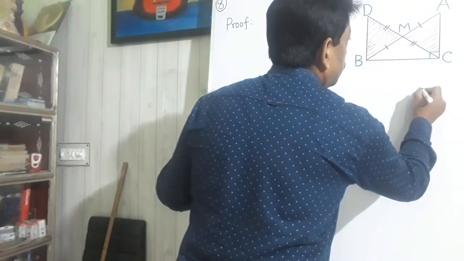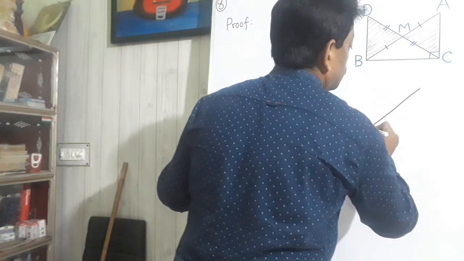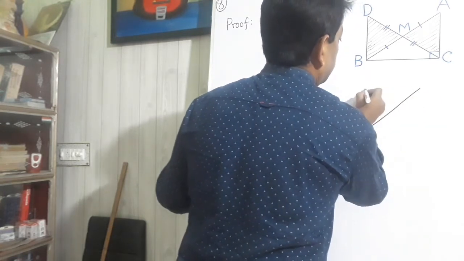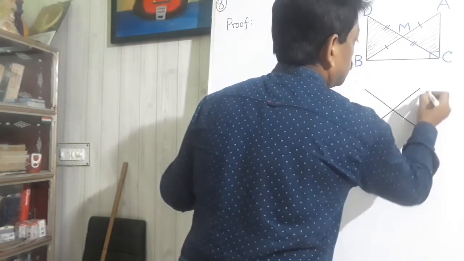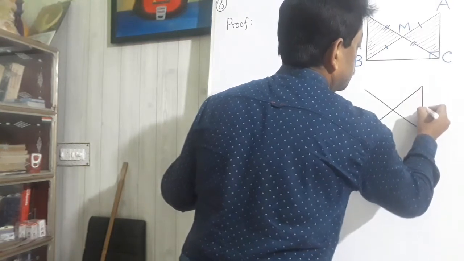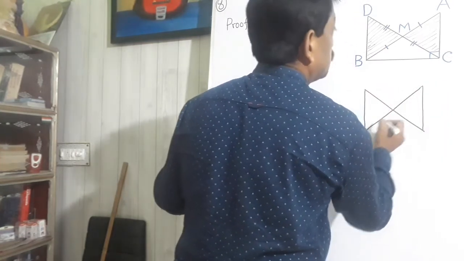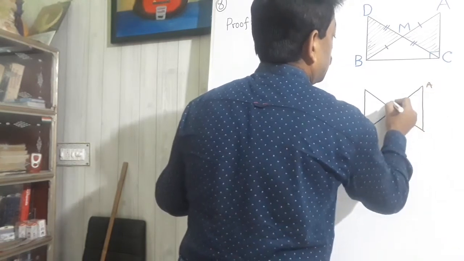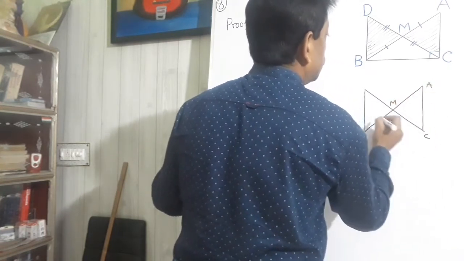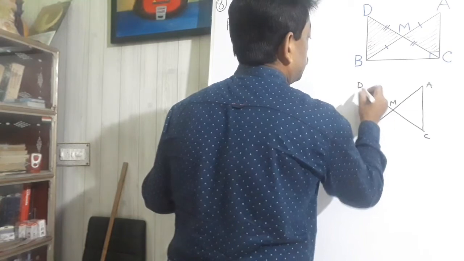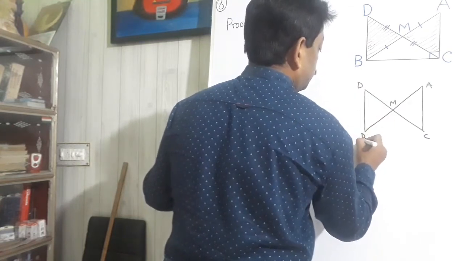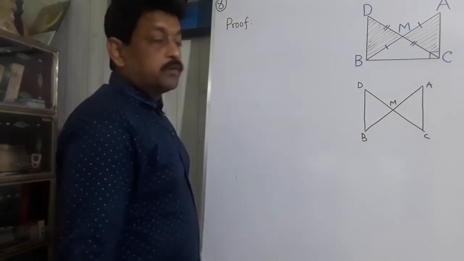Triangle AMC and triangle DBM. These two triangles we need to prove congruent.